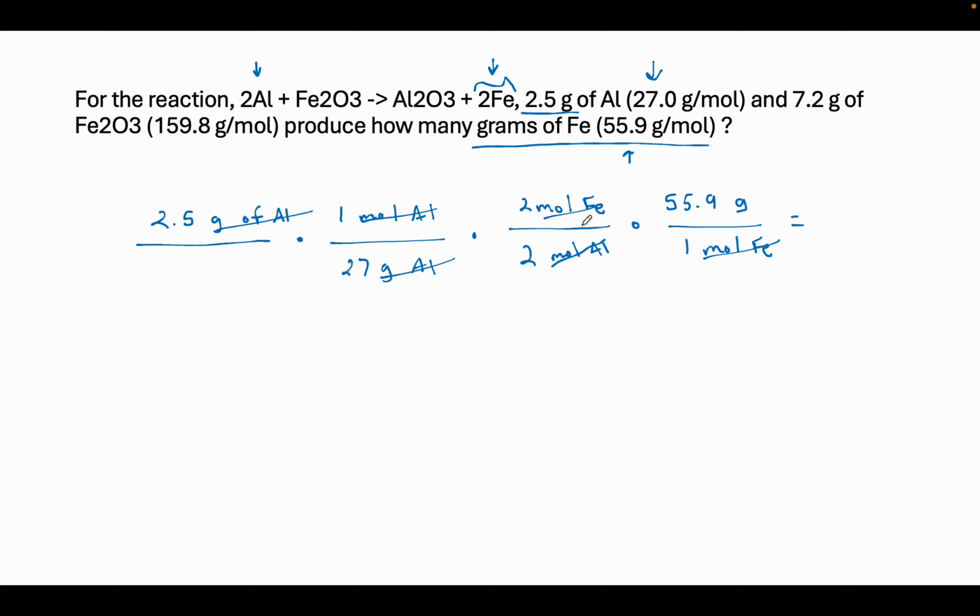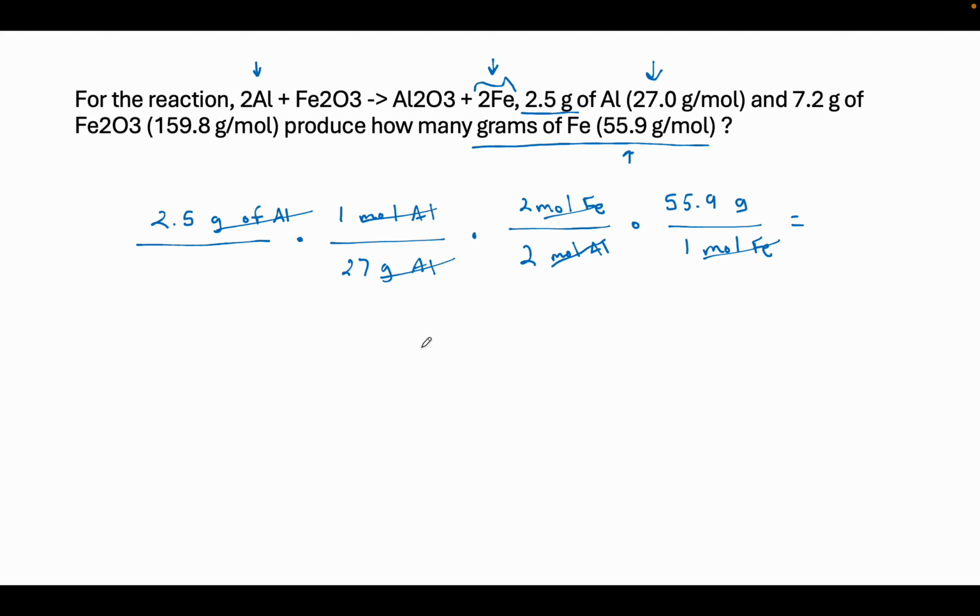All in all, once you do this, 2.5 over 27. Let's do it. 2.5 over 27. Okay. So you end up with 0.093, times 2 over 2, that's just 1.